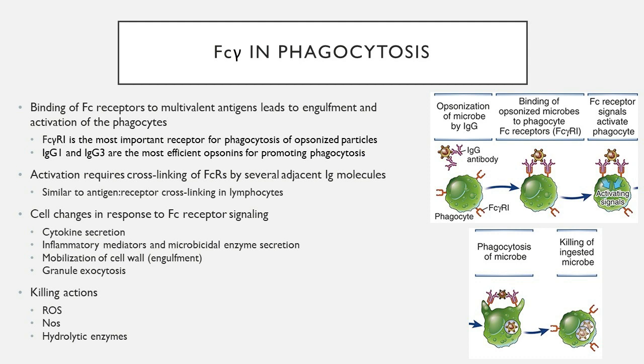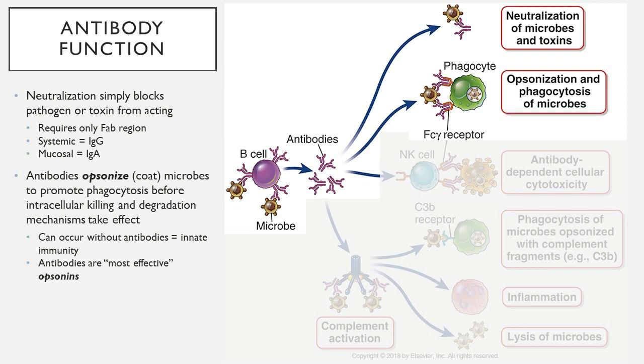A lot of the killing actions inside the cells are also initiated by the binding of these receptors as part of phagocytosis. So again, the production of reactive oxygen species, nitric oxide species, and hydrolytic enzymes. So that covers the opsonization and phagocytosis part of antibody functions.